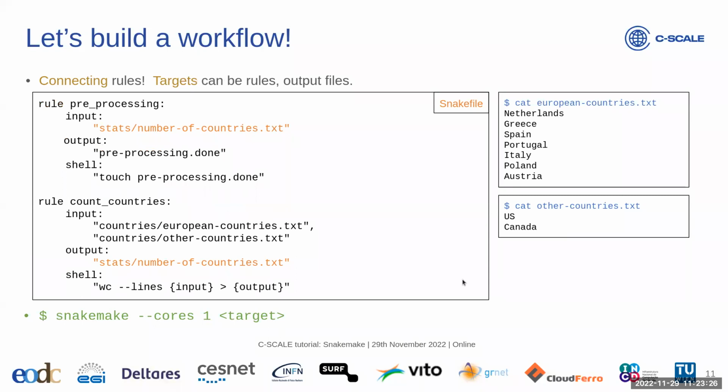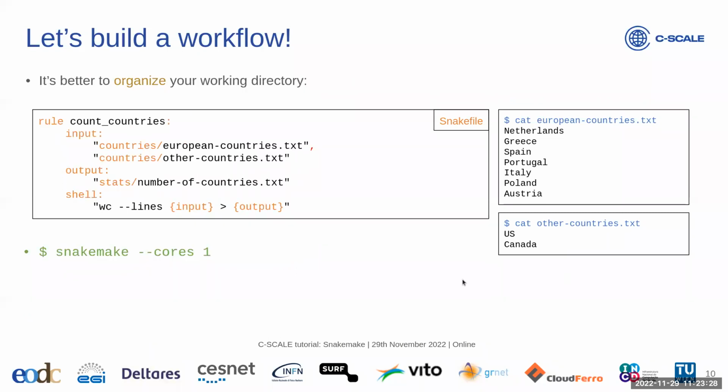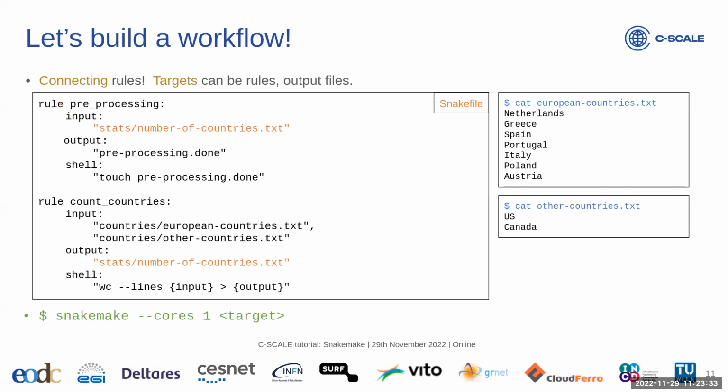Okay, so we've been working with just one rule, but let's make this a little bit more interesting, because in the end, we want to build a workflow. So I'm adding here 2 rules. The one at the bottom is exactly the same as before.